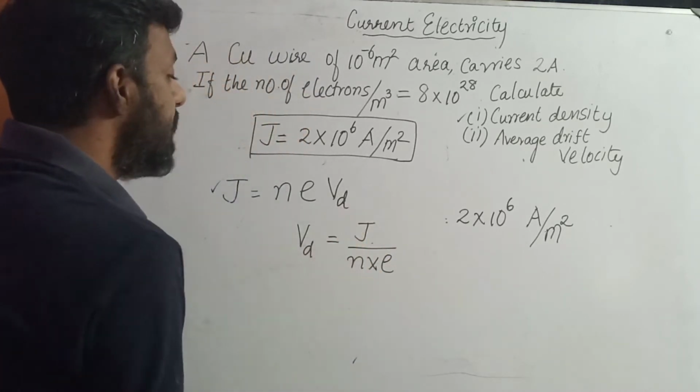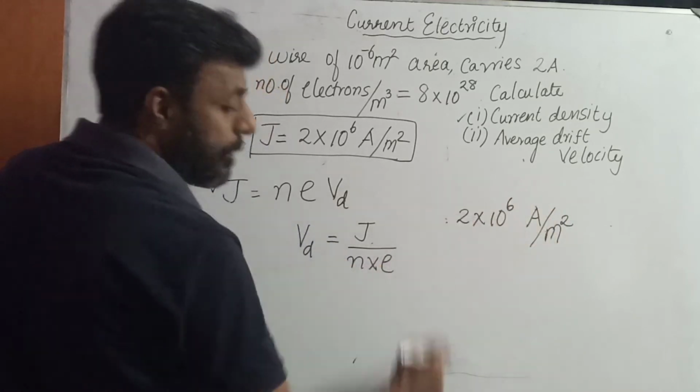What is J? J is 2 into 10 to the power 6 ampere per meter squared.